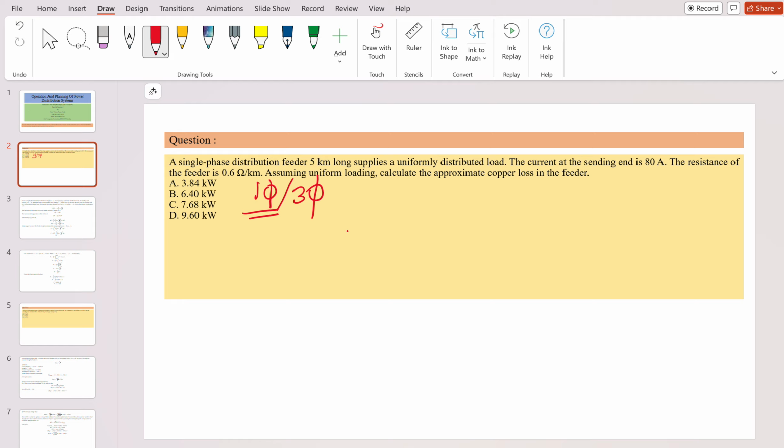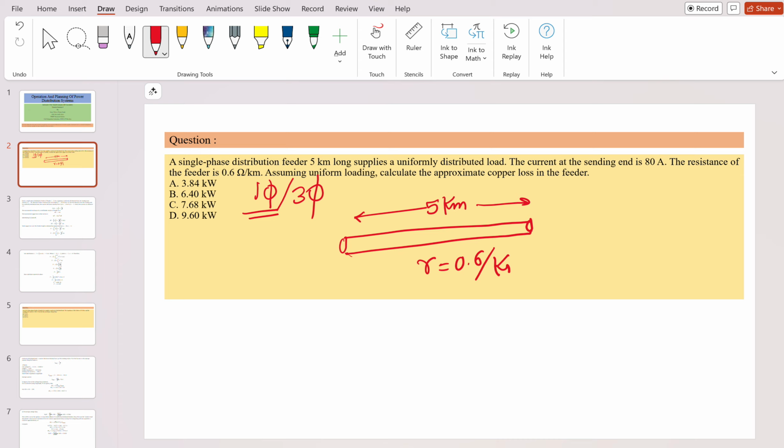The resistance is given on a per kilometer basis. The length is 5 kilometers and small r is 0.6 ohm per kilometer. To get the total R, you multiply r by the length, that is 0.6 multiplied by 5, which is 3 ohm. And it says uniformly distributed, uniformly loaded.